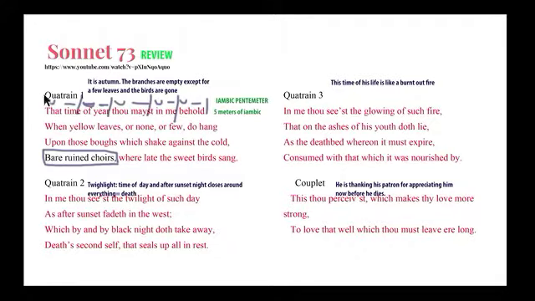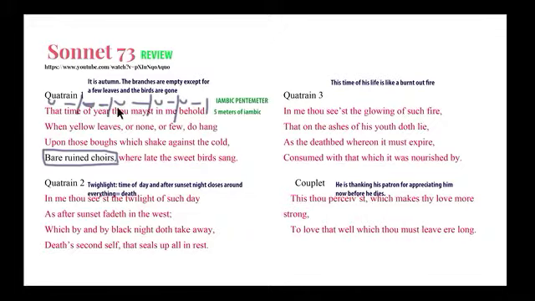So each quatrain will become the topic sentence for the 3 body paragraphs of your essay, and this couplet will become the topic of your conclusion paragraph. In the introduction, we're going to introduce the topic and write the thesis. If you are organized, it's much easier.